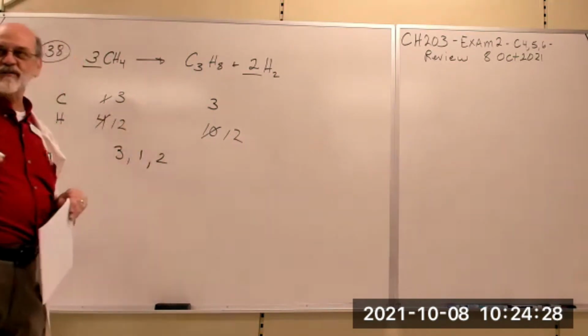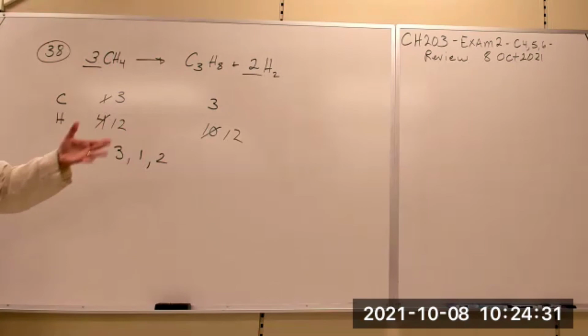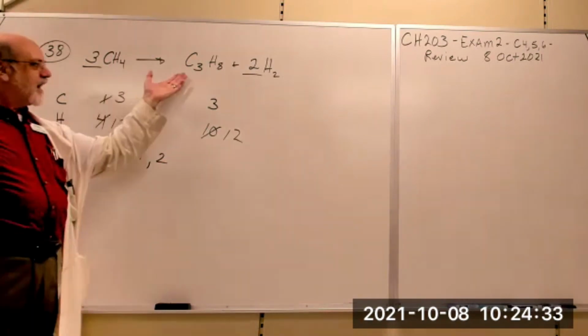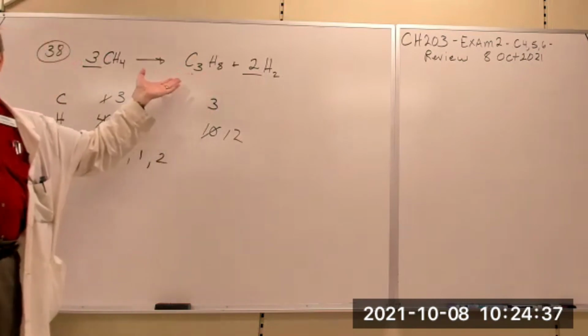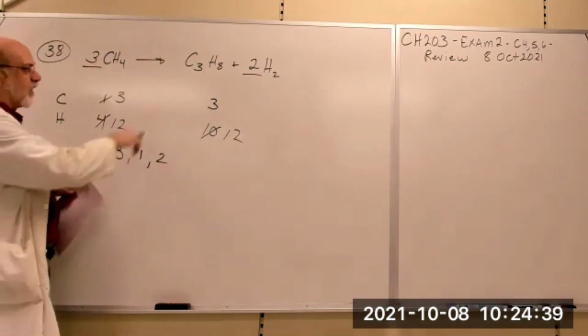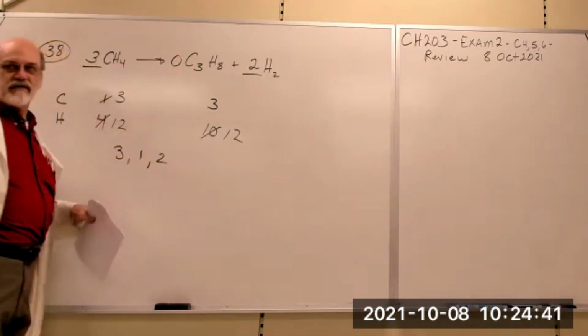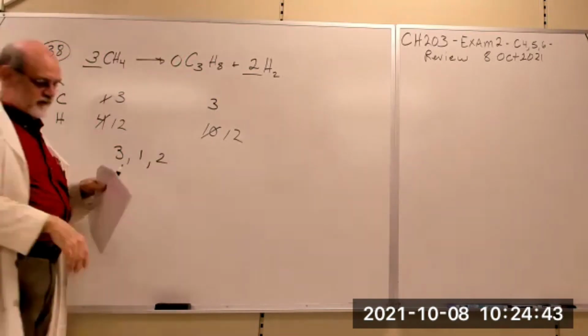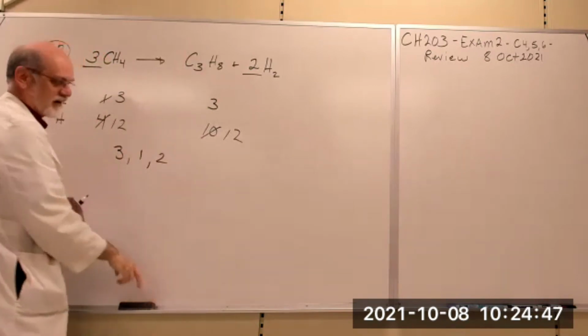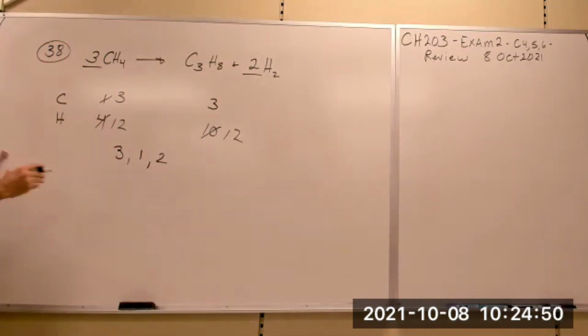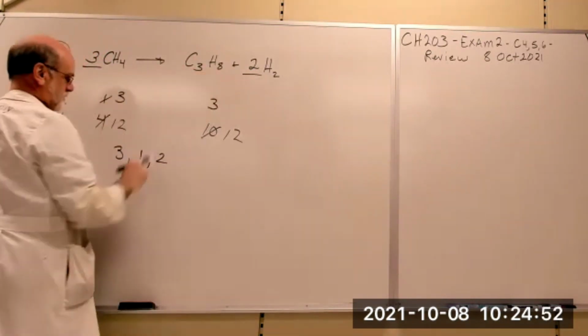Just because there's no number there, we don't write the 1 in there. Because if you've got that there, you've got to have at least 1 of them, or you wouldn't put it there. We don't write that in there and say, oh, by the way, we don't have any. That's kind of stupid. If you got the formula there, there's 1 of them. So the coefficients would be 3, 1, and 2.